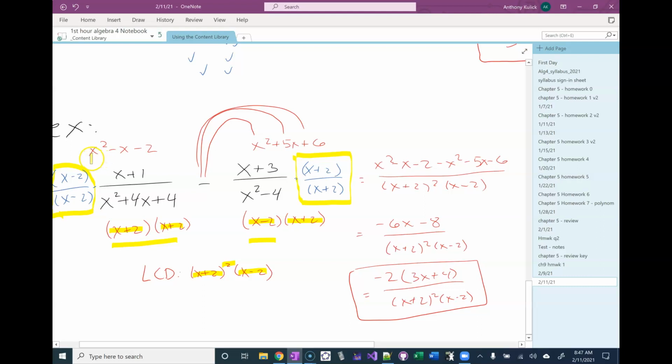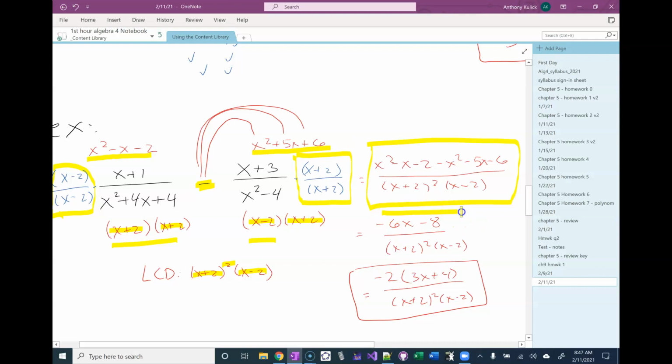I FOILed out the numerators and then distributed the negative through to get here. I combined my like terms, so x squared and negative x squared is 0. Negative x and negative 5x is negative 6x. Negative 2 and negative 6 is negative 8.